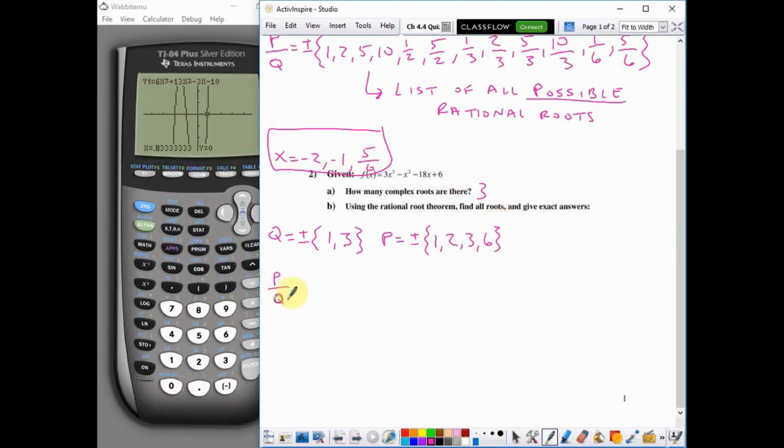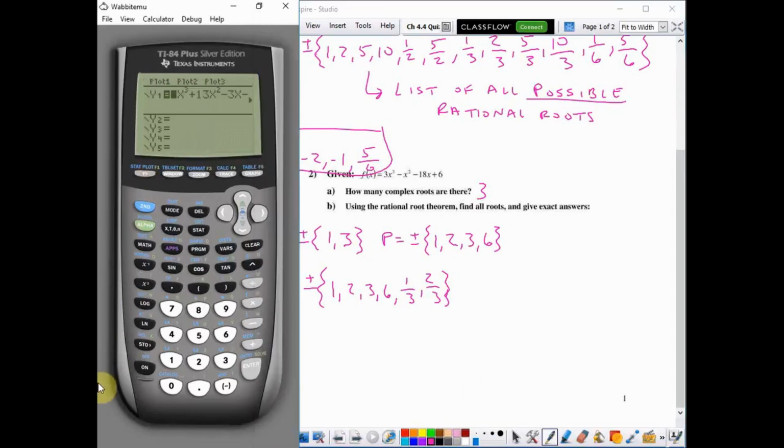So P over Q is plus or minus all the P's over 1, so that's 1, 2, 3, 6, and all the P's over 3, that's 1/3, 2/3, 3/3 is 1, and 6/3 is 2, so that will actually finish my list. Okay, so those are all the possible rational roots. Next, we're going to graph the equation.